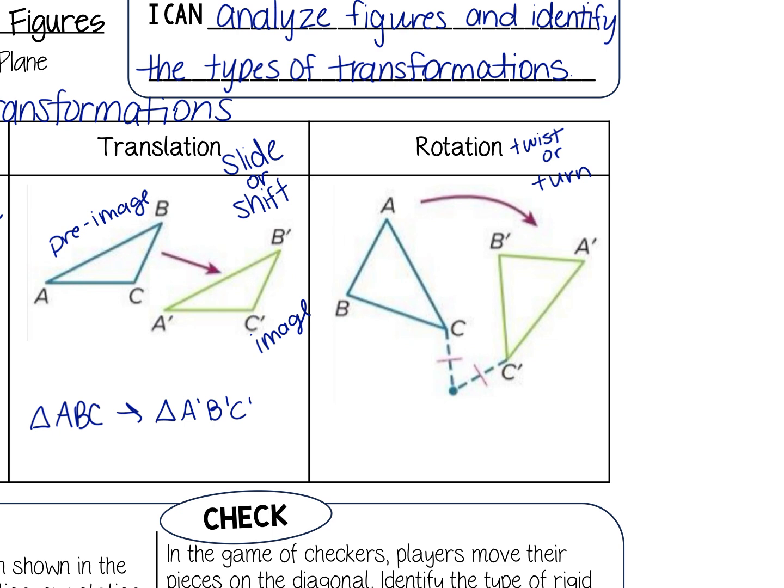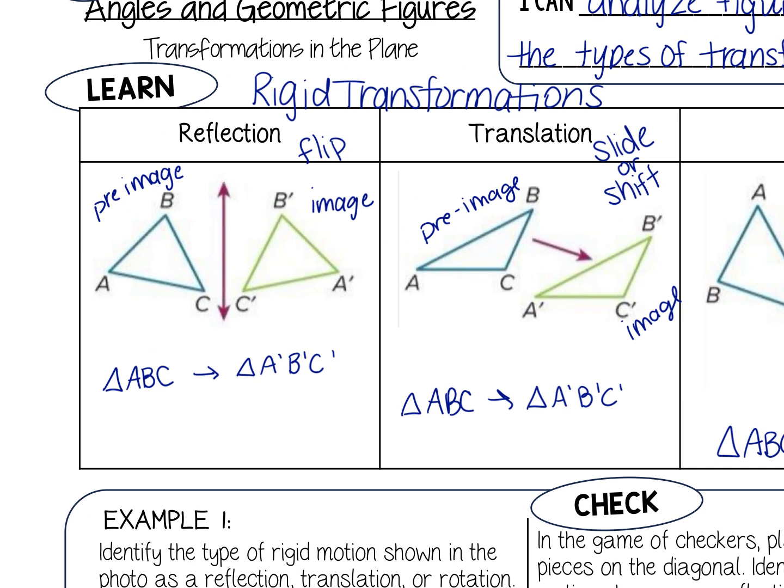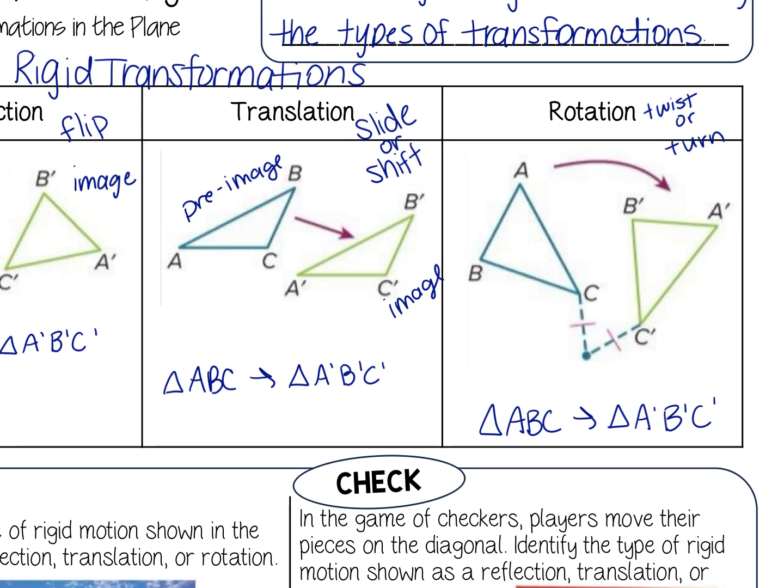So again, triangle ABC is rotated to triangle A prime, B prime, C prime. I also want to go back and touch base on reflection real quick. So like I said, these are the generic transformations. What made this rotation generic is that we're rotating around the origin.